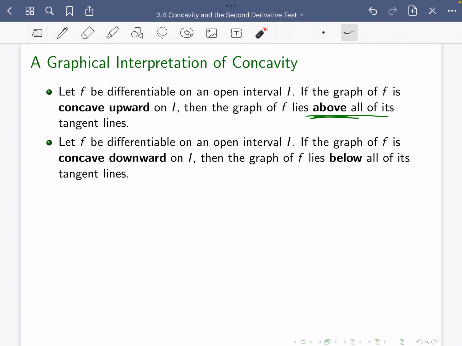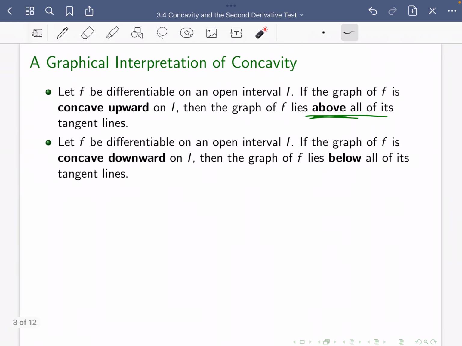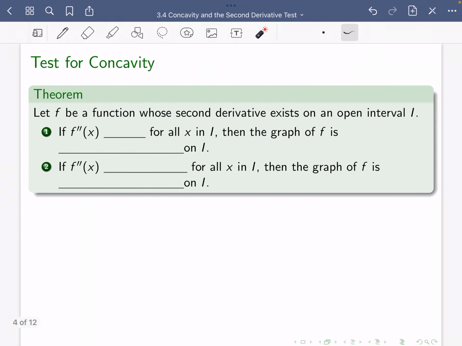Excellent. So we have this idea of concavity. Now let's think about how we can use the second derivative to determine the concavity of a function. To determine if it's concave up, we said it's concave up if the first derivative is increasing.